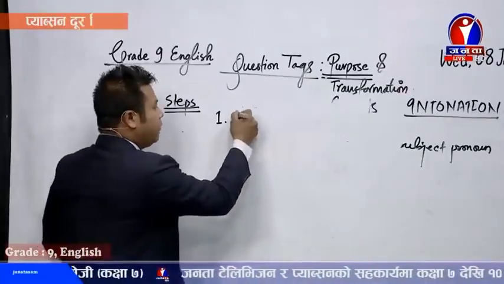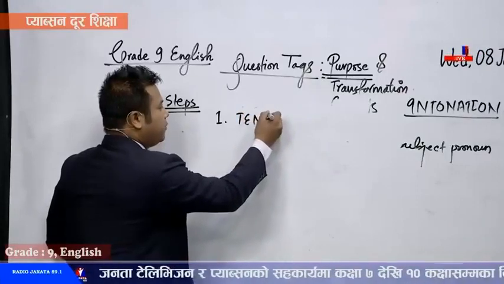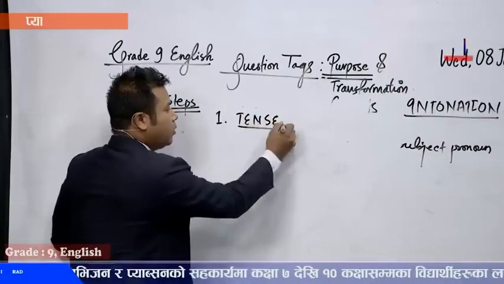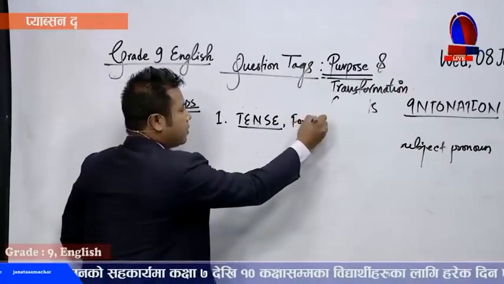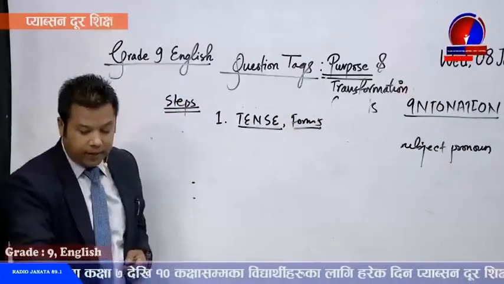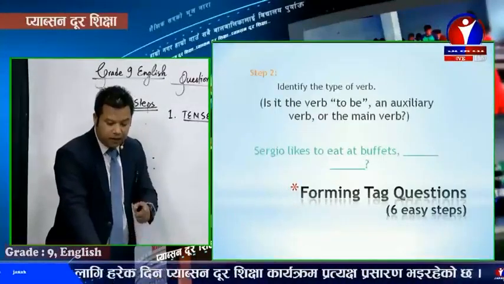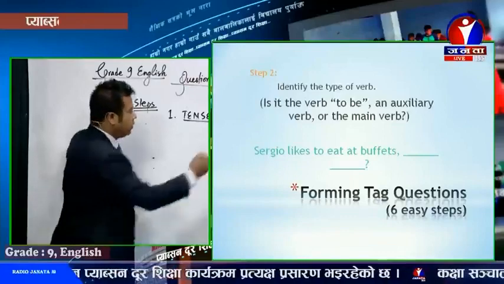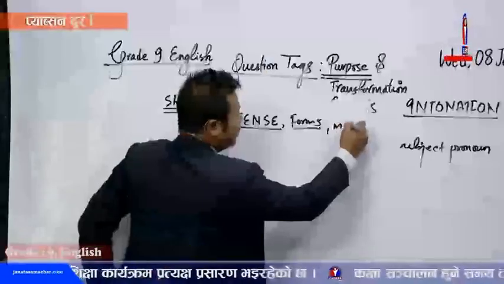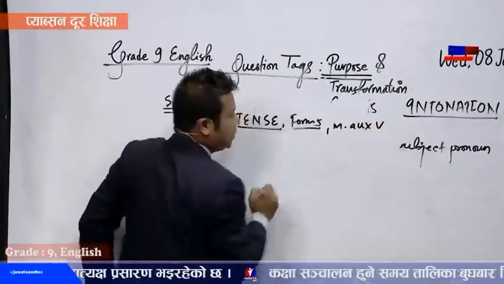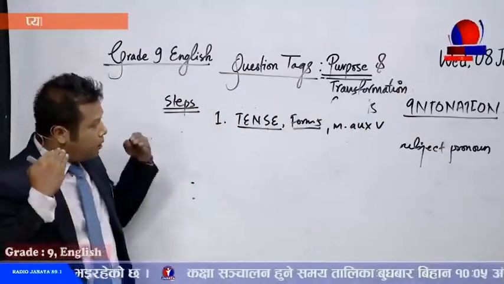Identifying the verb means you identify maybe the tense or the forms. Like here in the example, Sergio likes. It's verb 5 and it is simple present tense. That is the verb. It's the main verb, right? Or whether it is a main verb or auxiliary verb. So what is your concern? What are you looking for?